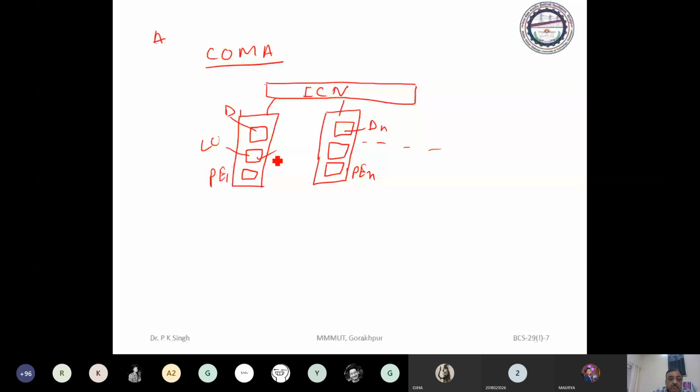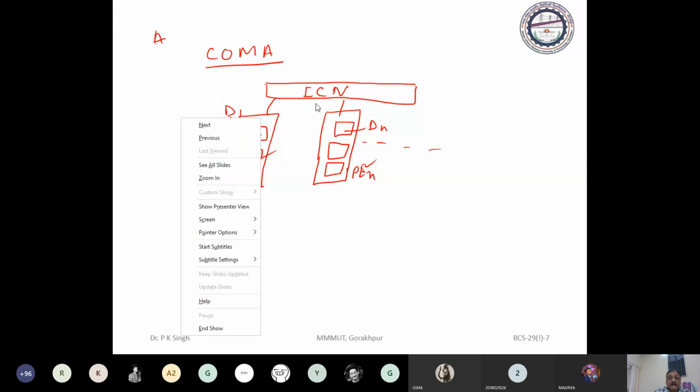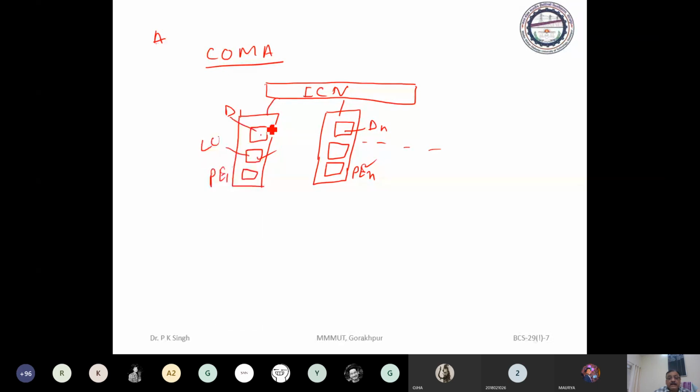Suppose a processing element needs some information that will be generated by PE n. That information is not available in the local cache, so it will refer to its directory. Through the directory, it will refer to the information.